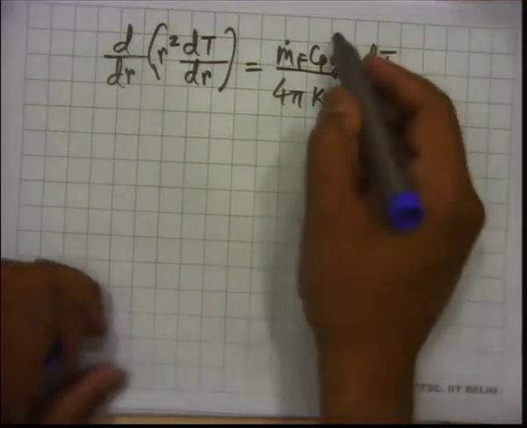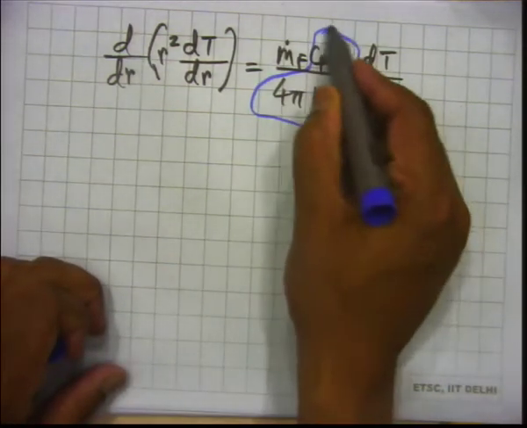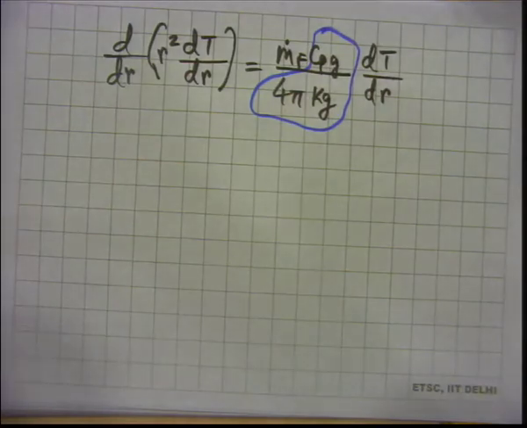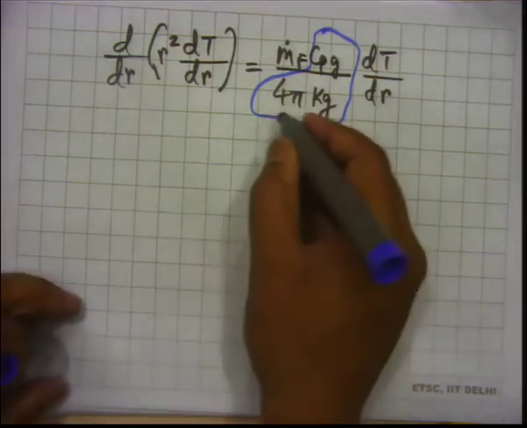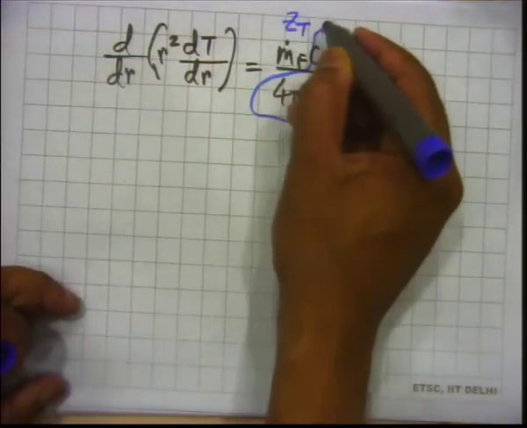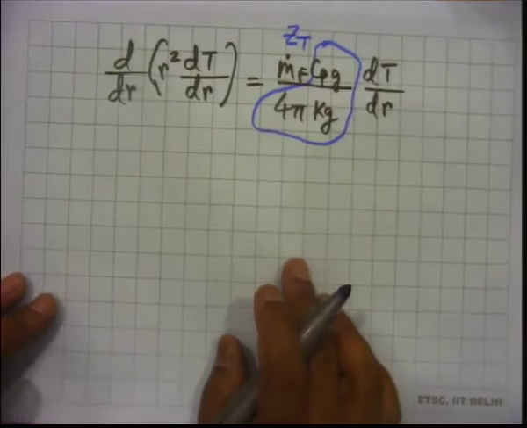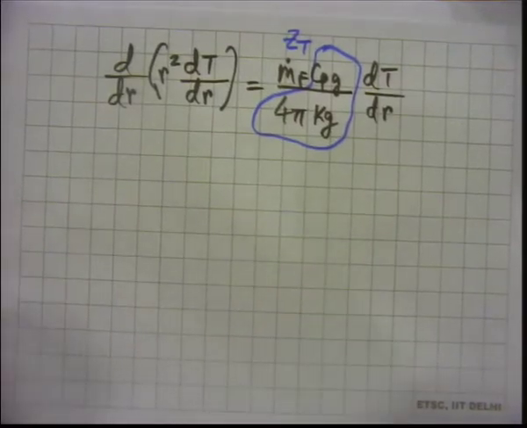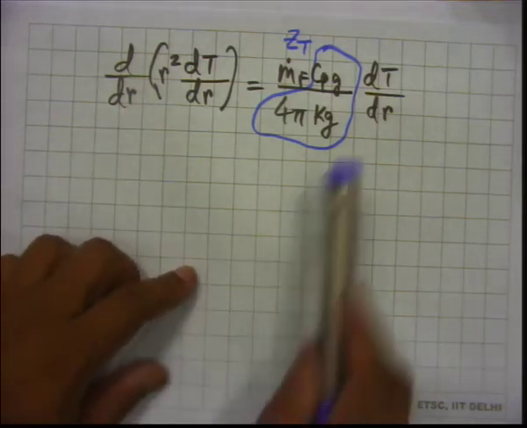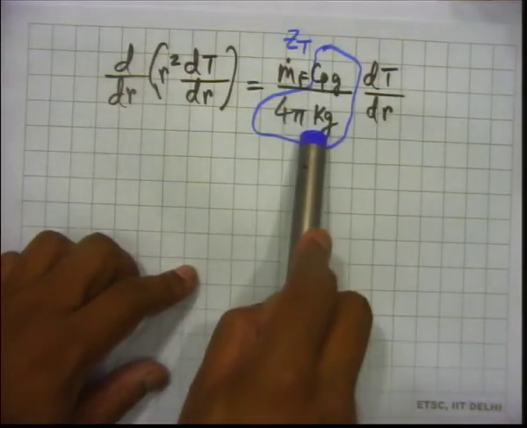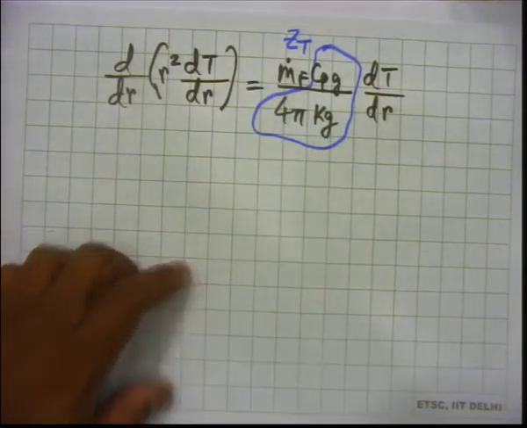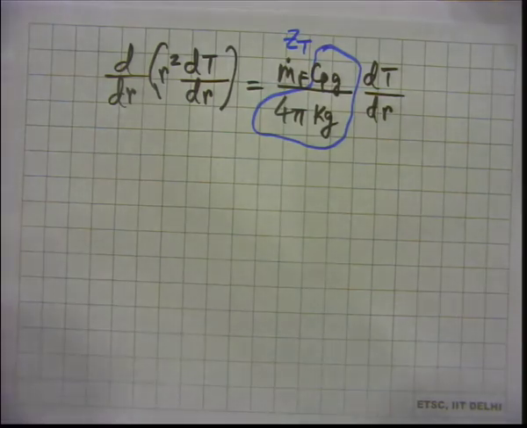Just as a shorthand to make notation simpler, Turns has called this part that I've encircled ZT. This ZT is important because if you take constant properties, this is actually constant. ZT is also a constant. M dot F is also going to be a constant. Okay, how?